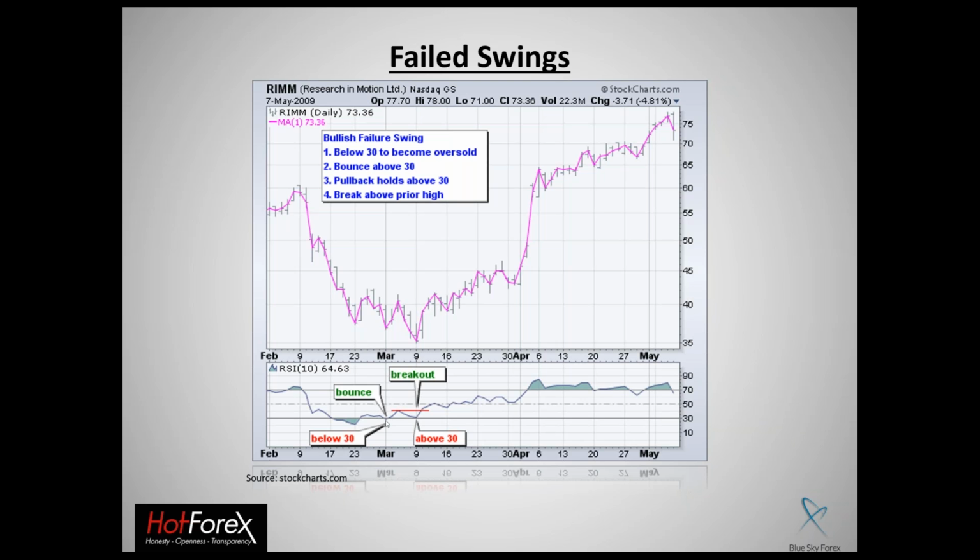It touches 30, it can move just a little bit below 30, and it bounces back up to around 40, maybe 41, 42 or so. So essentially it comes back down, it bounces off the 30, it just pierces it a little bit, and it comes back almost to the center between the 50 midline and the 30 line.